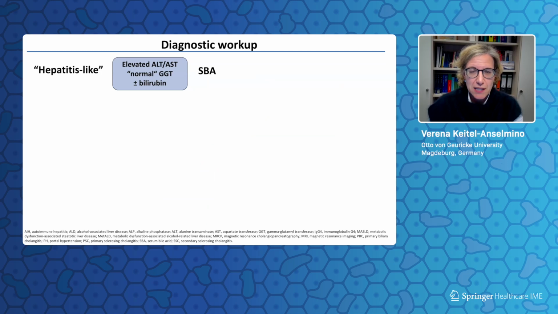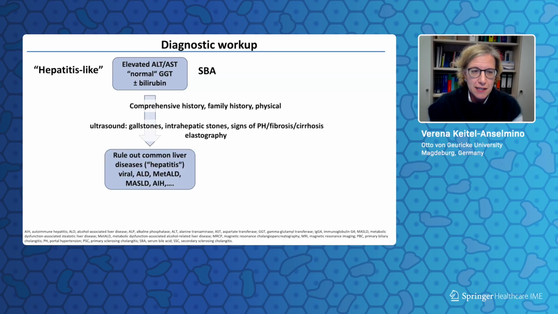Now, if you think about these patients in your clinical workup, the majority will present like hepatitis with elevated transaminases, normal gamma GT, and raised serum bile acids. So in the adult population, we would always take the history, do the physical examination, do an ultrasound to see if there's already signs of progressive liver disease, and then we would rule out the most common causes of elevated transaminases, for example, viral hepatitis, ALD, meta-ALD, or MASLD.